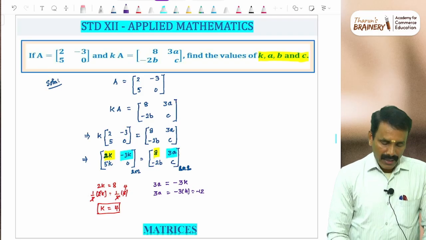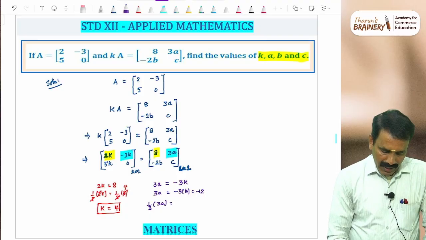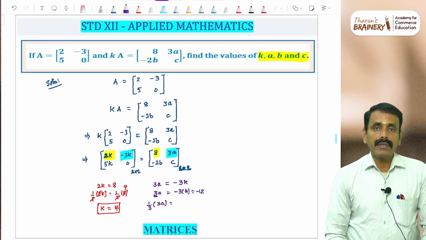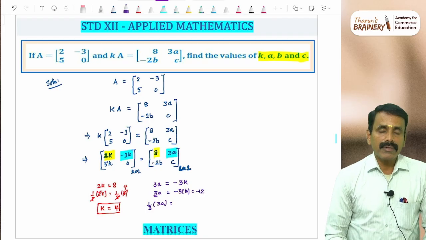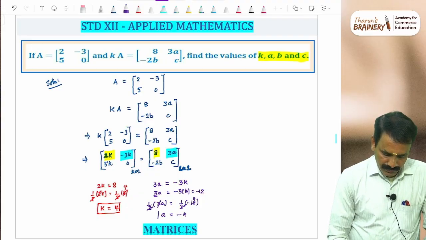To find the value for a, I want to eliminate 3 on the left hand side. Same process, 1/3. Why do we multiply by 1/3? Because we have 3 here and I want to remove it. So I multiply by the multiplicative inverse of 3, 1/3. On the right hand side it is 1/3 into -12. So 3 cancels. So a will be equal to, when you cancel on the right hand side, 4 3s are 12. So a value is -4.